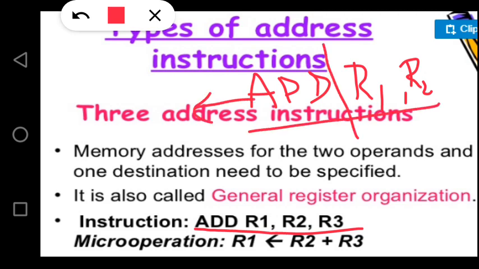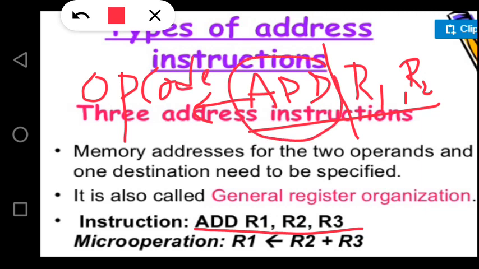This is called opcode. The CU is concerned only with this mnemonic, the operation code. It takes that add and gives it to a special decoder called the instruction decoder.